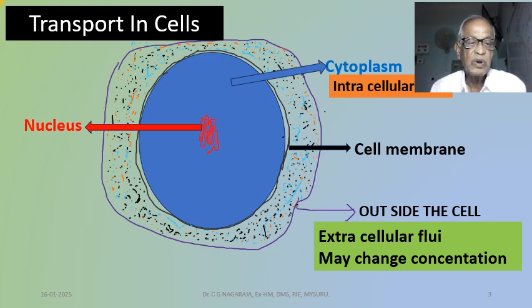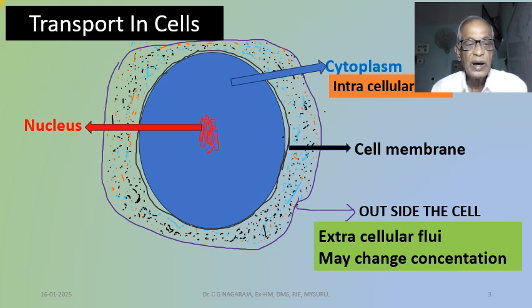All this will be in the form of molecules and ions. Mostly these molecules and ions will be moving from inside to outside, and from outside to inside, through the cell membrane. This is a very important area that we have to understand.